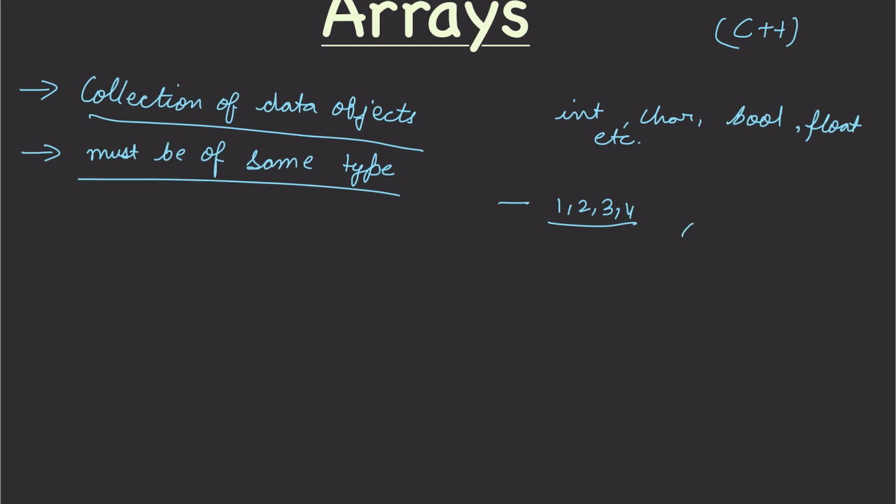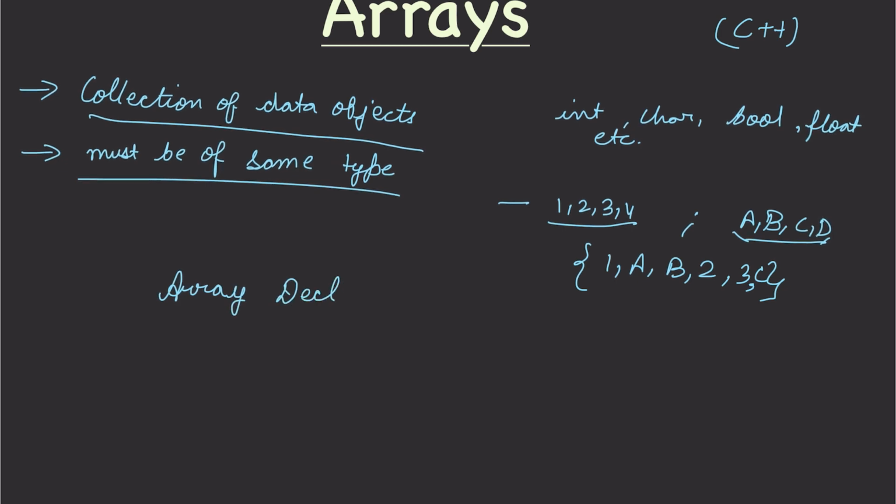If we are entering values like a, b, c, d, these are of the same type, character type. But we can't assign like this: a, 1, b, 2, 3, c. We can't assign like this because they are not of the same type. Okay, so now let's talk about array declaration.